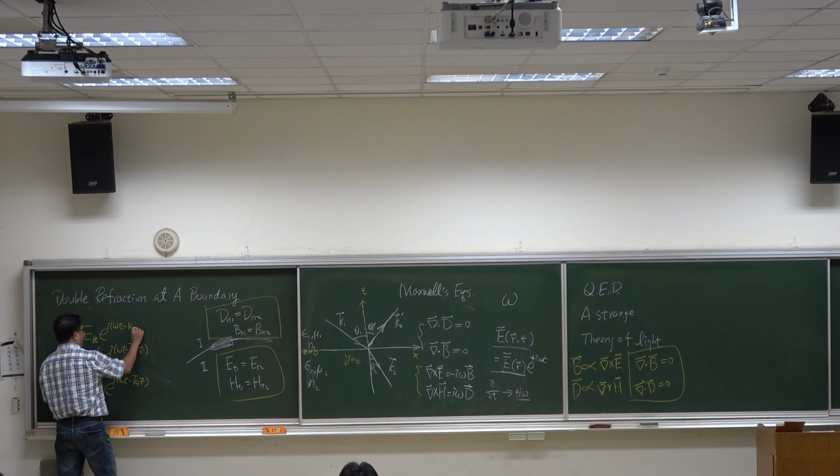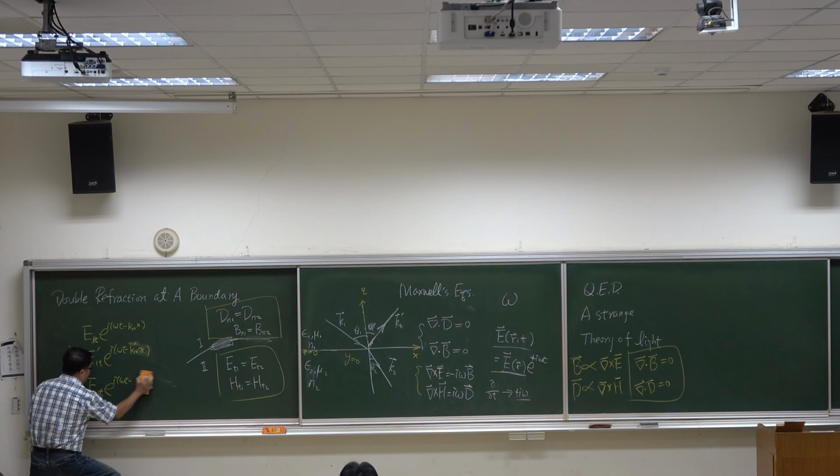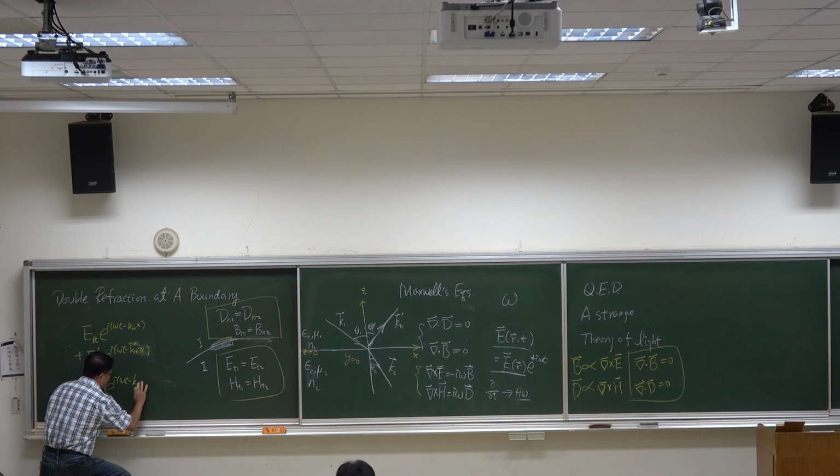So here we have k1x times x, we have k1 prime x times x, and here we have k2x times x.